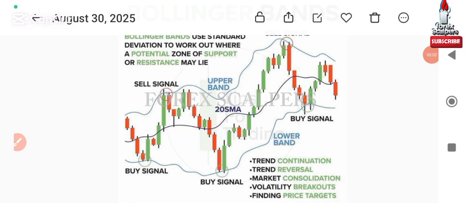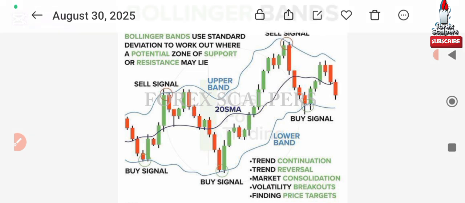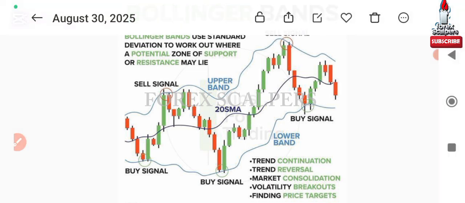The Bollinger Band is one of the best trading indicators that you can use as a beginner forex trader. The Bollinger Band can easily help you to determine the trend continuation, trend reversal, market consolidation, the price volatility, and price target.